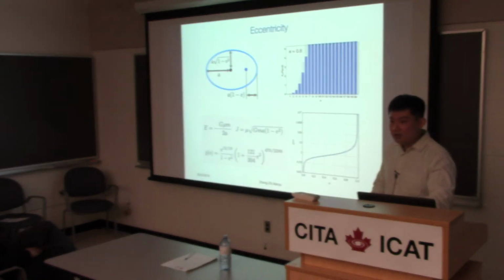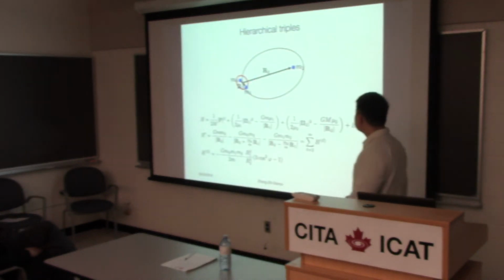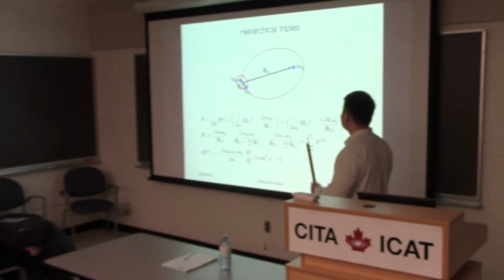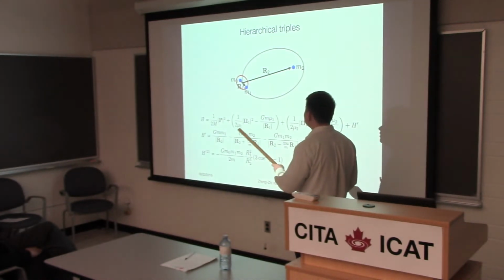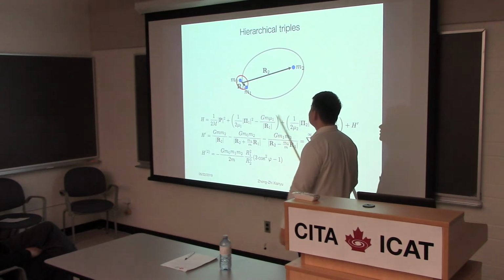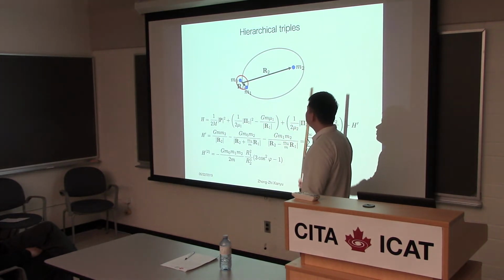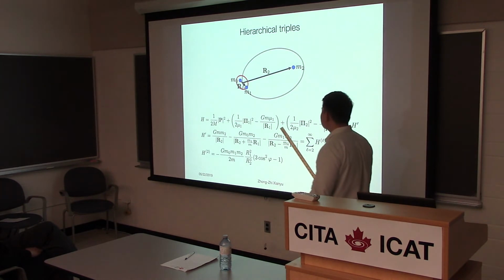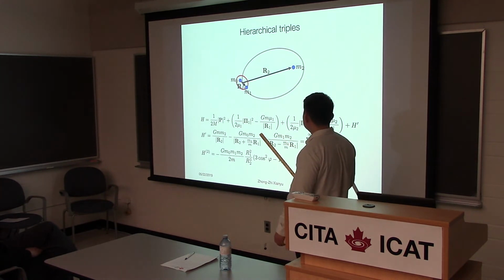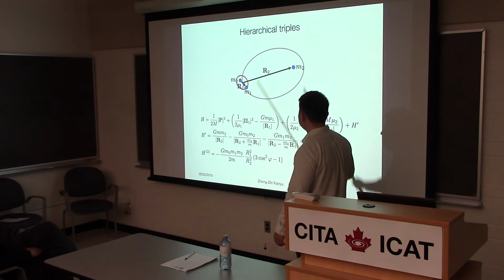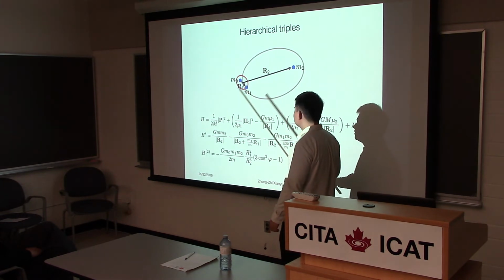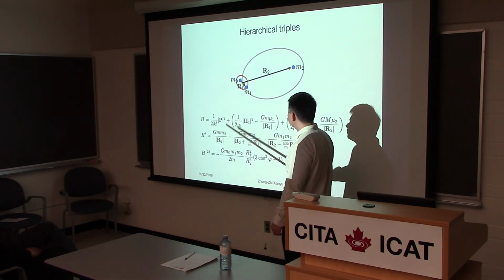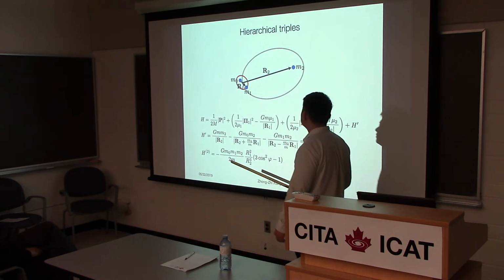Okay, the three-body problem. If you can believe me, this is just a very simple Hamiltonian describing 3 point particles interacting through gravity. I deliberately reorganized this Hamiltonian into several parts. First, the trivial motion of the barycenter of the triple.